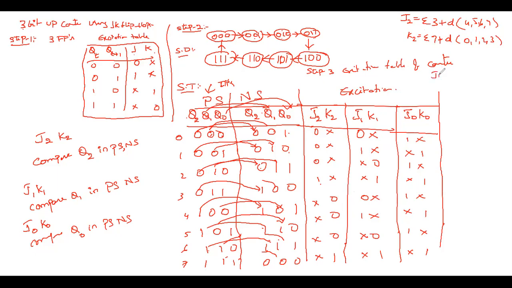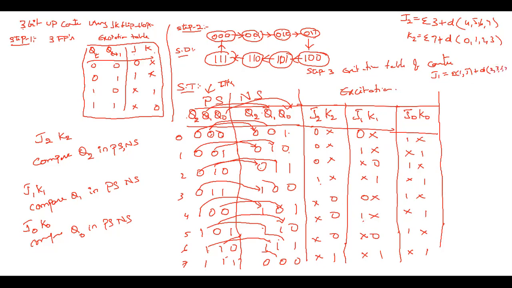Next for J1, ones are available at 1, 5. Sigma 1, 5. Don't cares are 2, 3, 6, 7.